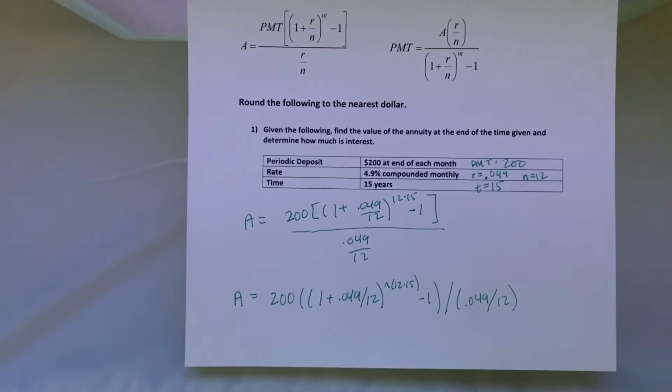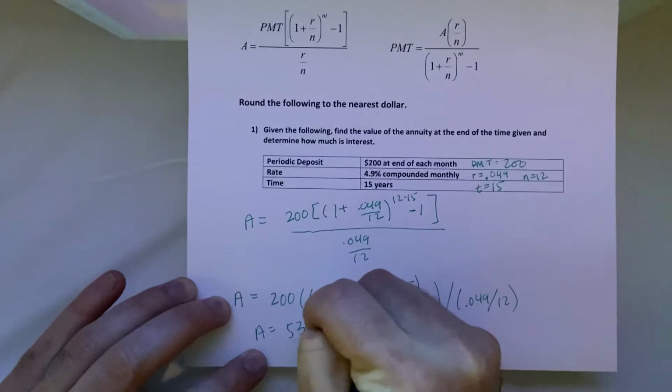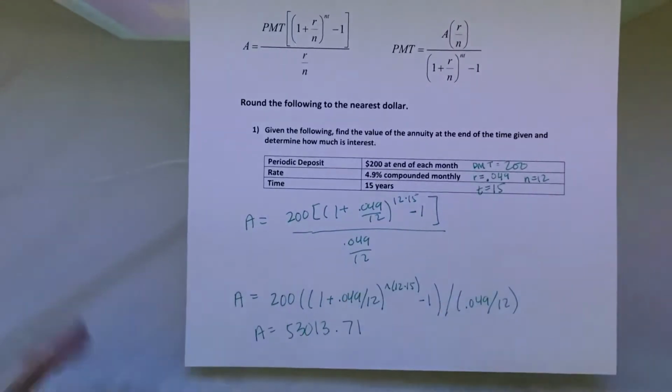Now let's see what it is. It looks like the amount of money you'll have is $53,013.71.